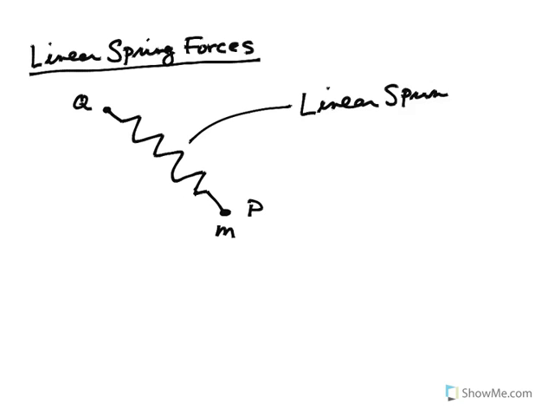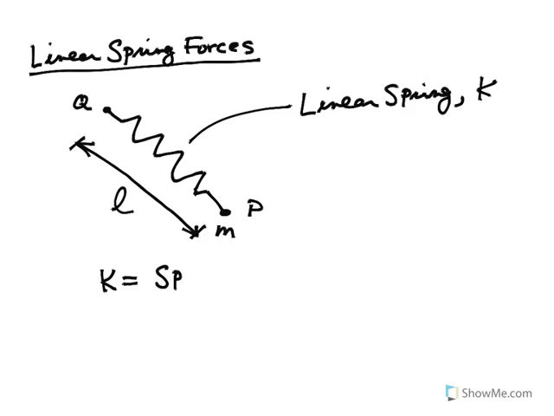Now, what's characteristic of all linear springs is that they have spring constants, which are called K. I'm going to define the length of the spring as L, and I'm going to start using these parameters to define the force in the spring. So K is the spring constant, and L is the length of the spring.